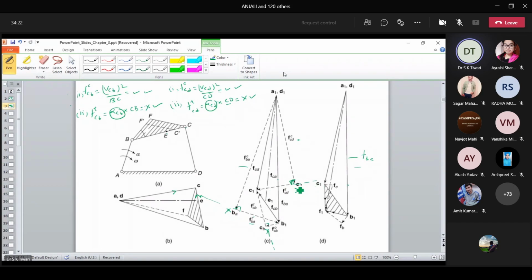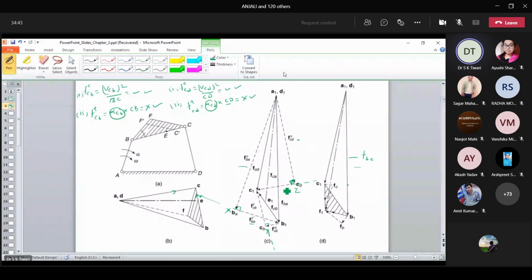You have drawn a line perpendicular to it this way. Now look, this line was also drawn perpendicular, and this line was also for finding the tangential component of C with respect to B, and this line is also drawn perpendicular to this vector, and this line is for the tangential component of acceleration of C with respect to D.